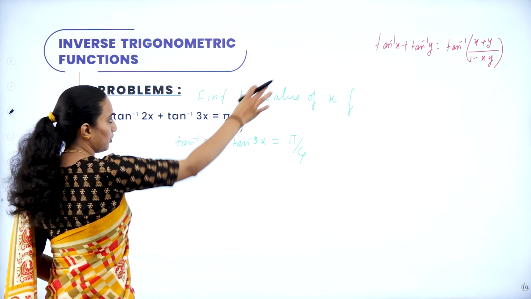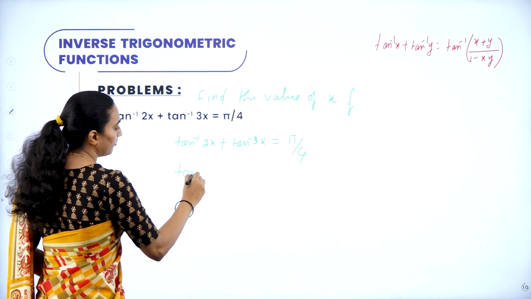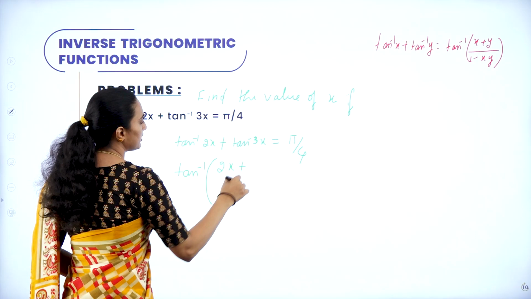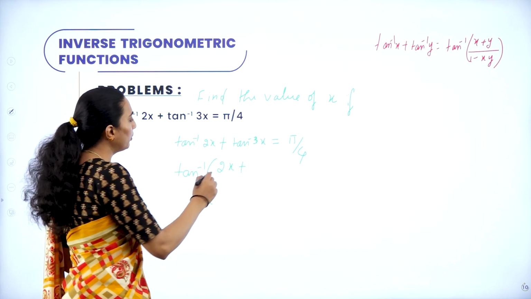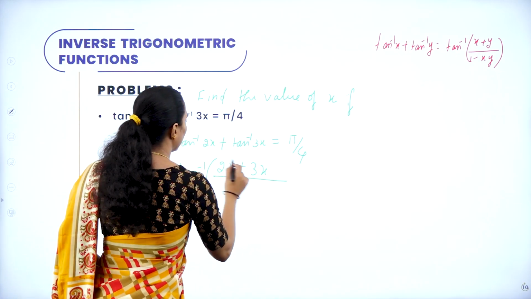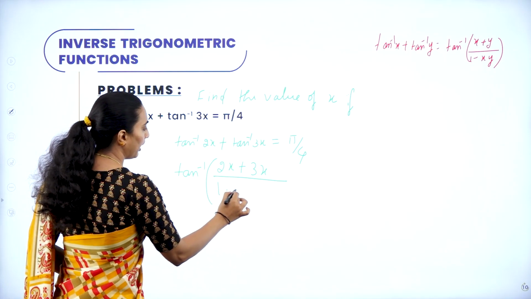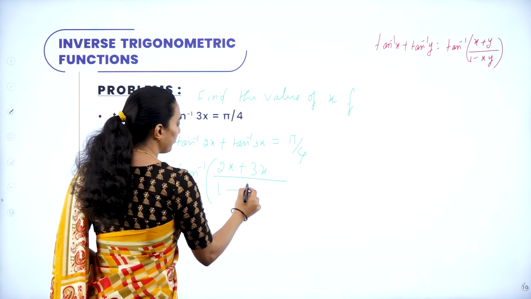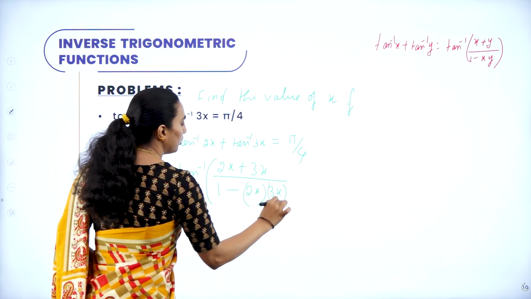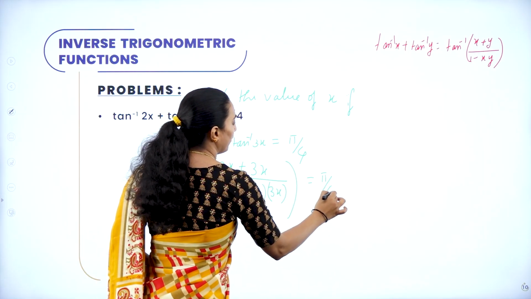So I can write in place of the same formula, tan inverse of, in place of x, 2x, in place of y, 3x, divided by 1 minus 2x into 3x, close the bracket, which will be is equals to pi by 4.